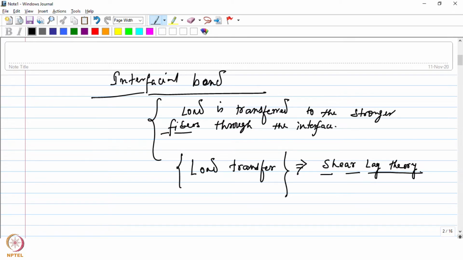So if you look at the load distribution in the fiber when the composite is loaded in a particular direction, it would be something like this when the loading direction is along the fibers.